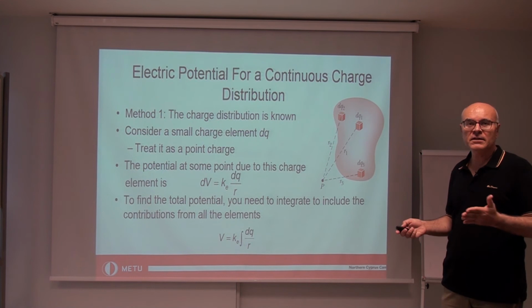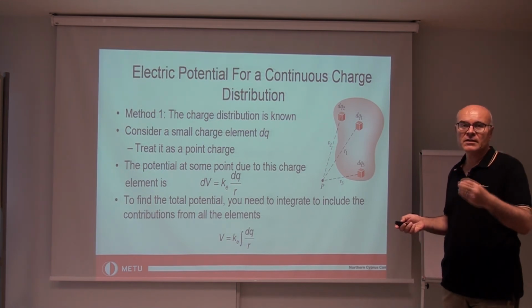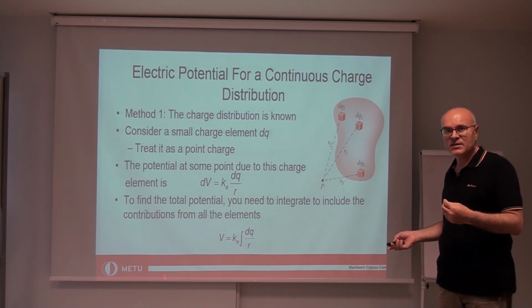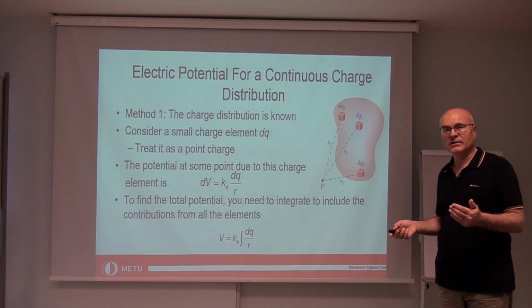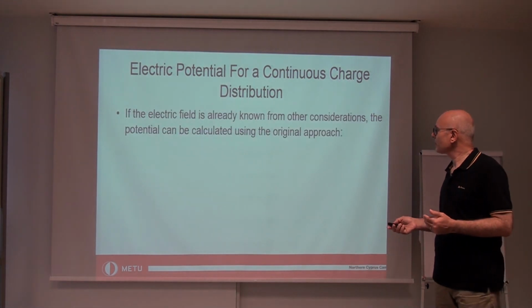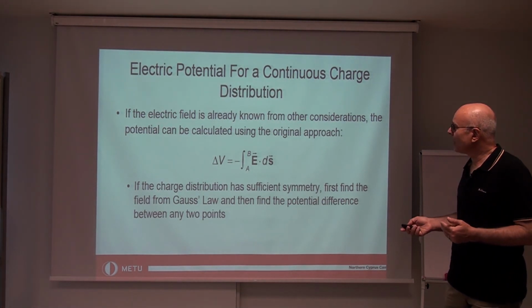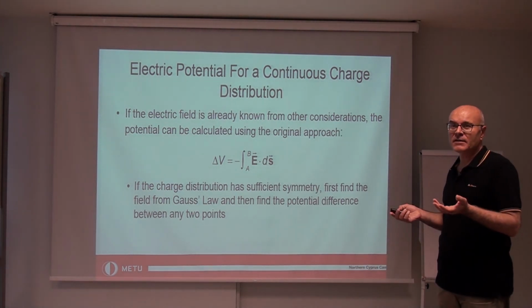Now we will consider examples of different continuous charge distributions, and we will see how we apply this formula to find the electric potential in each case. But before that, let me outline the strategy.